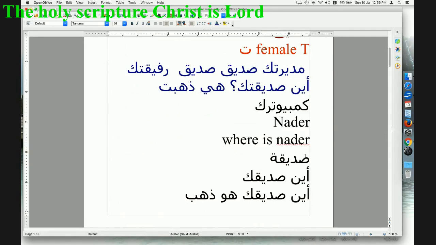So where is your friend? So I say أين صديقتك? We add nothing new. We just add ka, the same. So whatever the original is, we add ka at the end, and that will make it belong to you, regardless of whether it's for female or male.